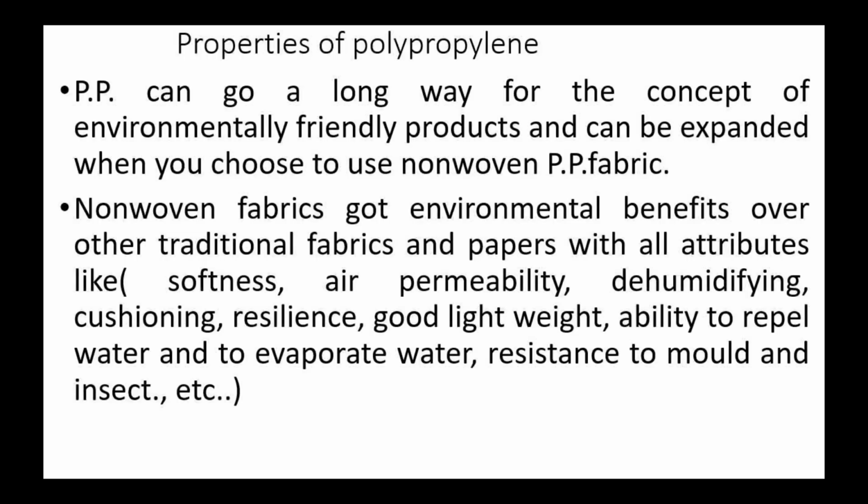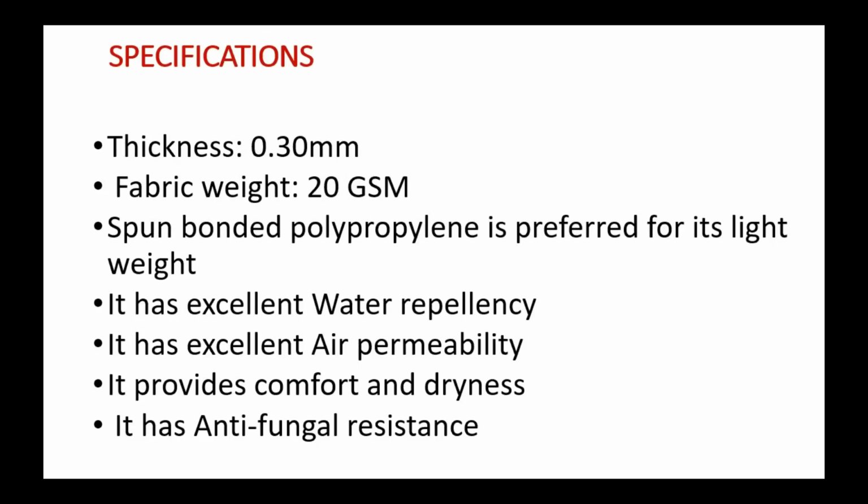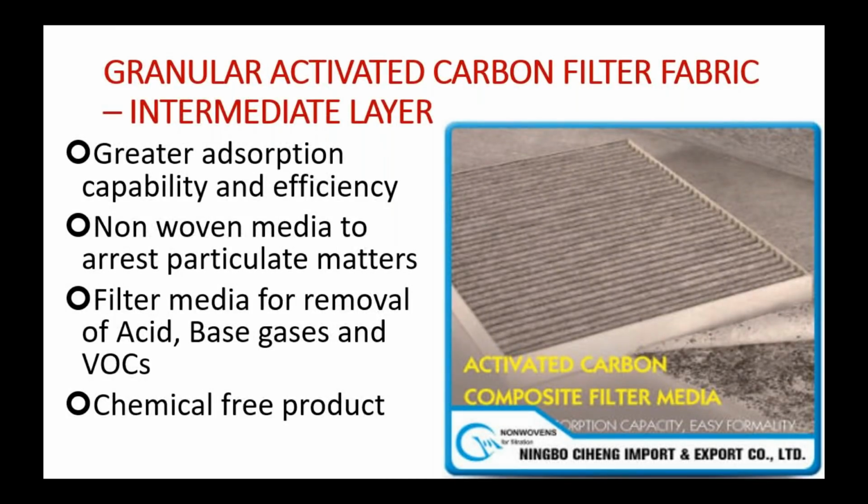The specifications of the polypropylene fabric: I have chosen a thickness of 0.30 mm, and fabric GSM is around 20, and the spun bonding technique is preferred because of its light weight. These are the four properties already mentioned in previous slides: good water repellency, air permeability, comfort and dryness, and antifungal resistance. Then the intermediate layer, the second layer, because I have chosen three composite layers and developed the mask by forming a 3-layer composite.